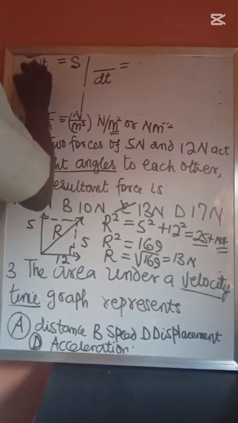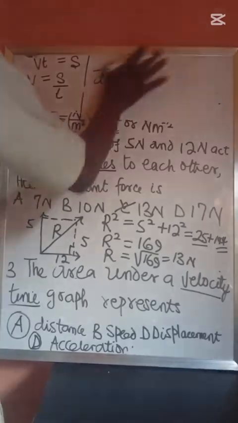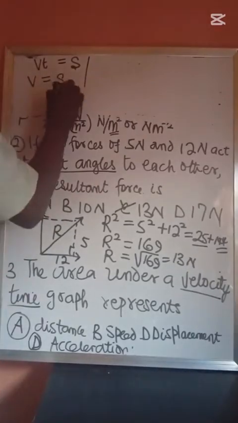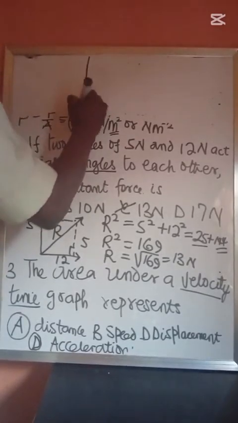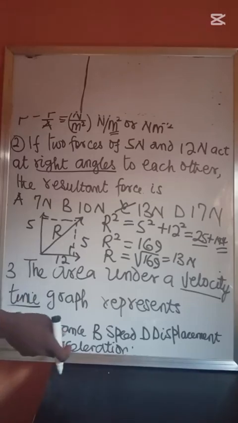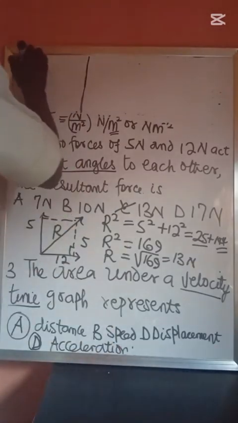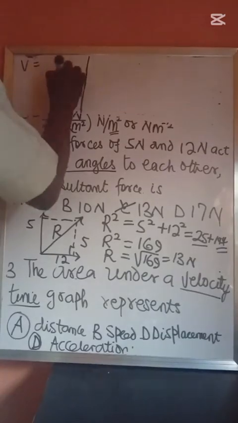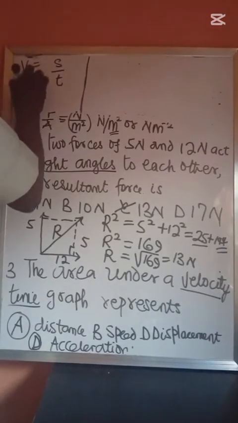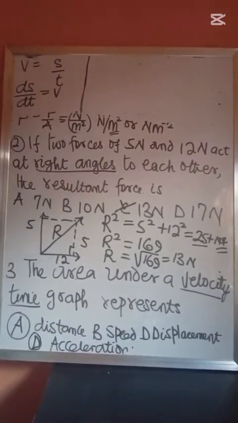Velocity is equal to distance over time. The formula that connects distance, time and velocity is that velocity is equal to distance over time. That implies that ds/dt is equal to velocity.